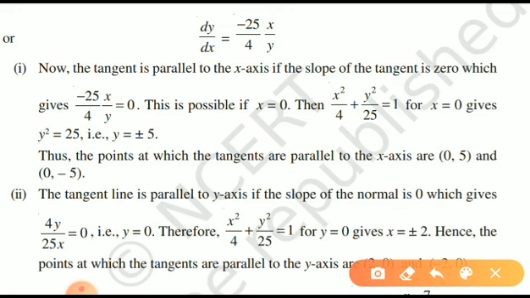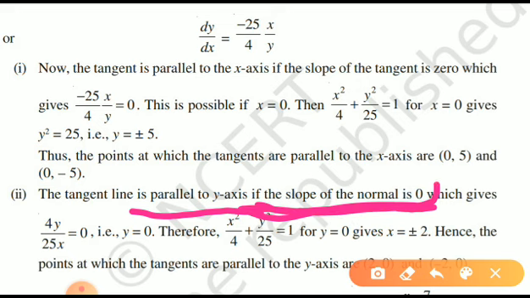Okay, now see, the tangent line is parallel to the y-axis. The slope of the tangent in that case is infinity. But we are talking in terms of the normal. So when the tangent is parallel to the y-axis, that means the slope of the normal will be 0, which gives minus of dx by dy equal to 0.